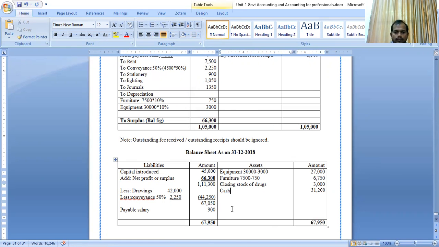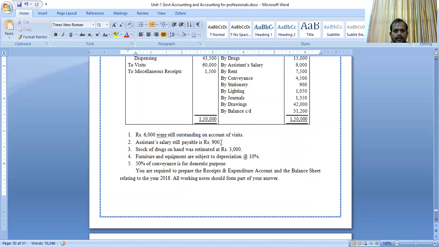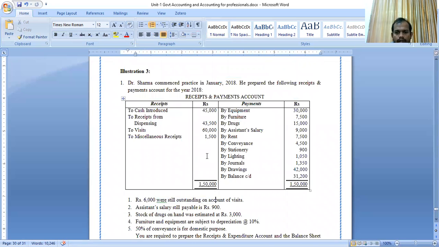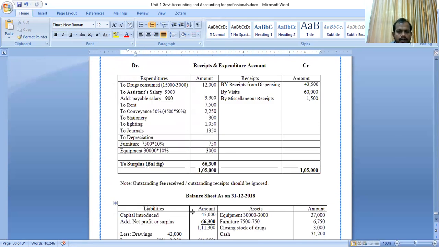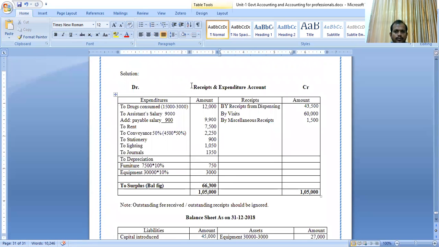Now we have to ignore the outstanding receipt. Whatever capital introduced, we have to consider it, and the closing balance of cash we have to mention in the balance sheet. So this is how we have to prepare the receipts and expenditure account.